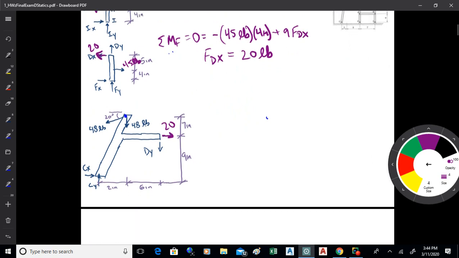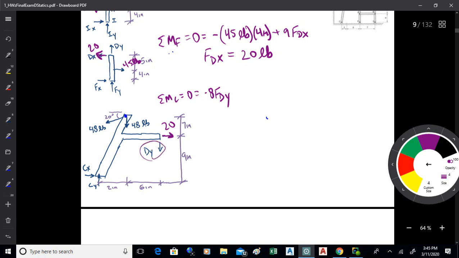Now the sum of MC equation was the one that was a little bit involved here, so let's have a look at that. Sum of MC is 0. We've got 8 times Dy, and as I have it drawn, that's going to go around clockwise, so that'll be minus 8 times Dy.